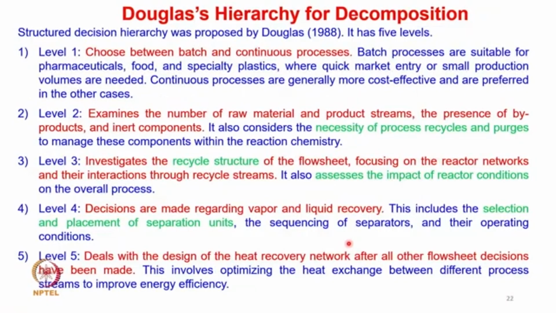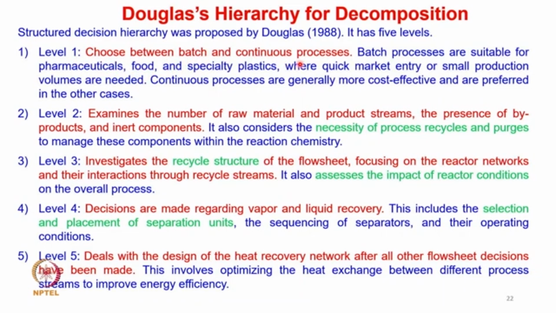In order to decompose the problem into lower parts, a hierarchy method is given by Douglas. He has listed 5 steps, which comprise different operations. Level 1 is to choose between batch and continuous process.